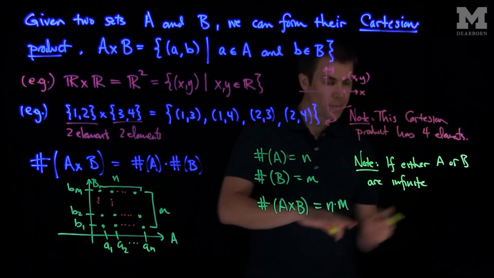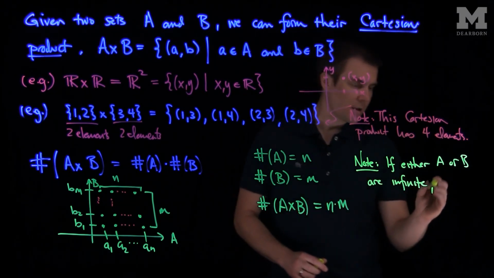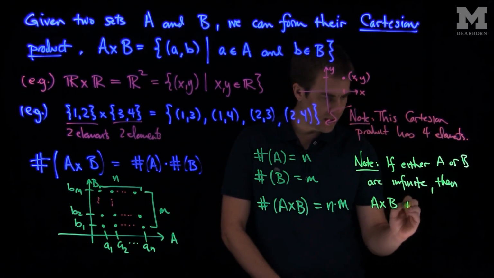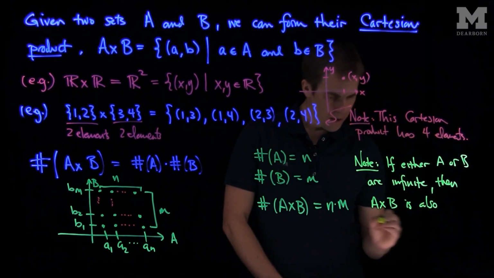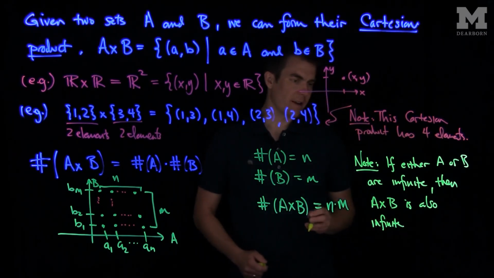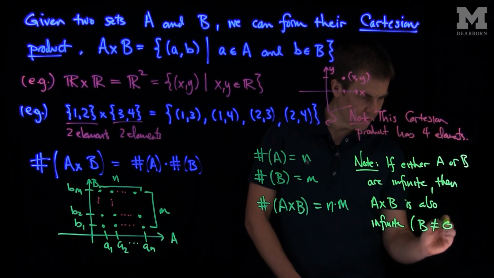So we'll sweep that issue under the rug and just say that if either A or B are infinite, then the Cartesian product A cross B is also infinite. And we should say the other set should not be empty for this to be true.